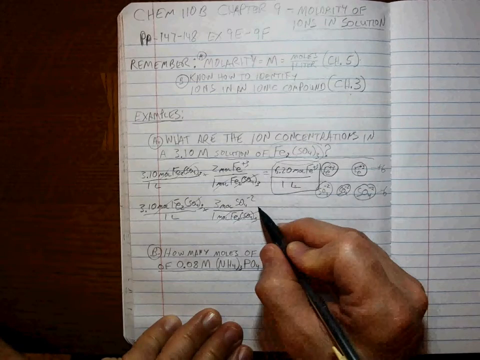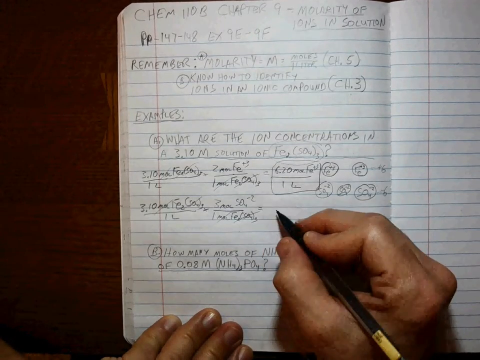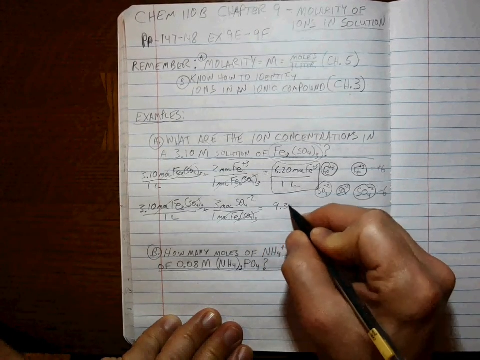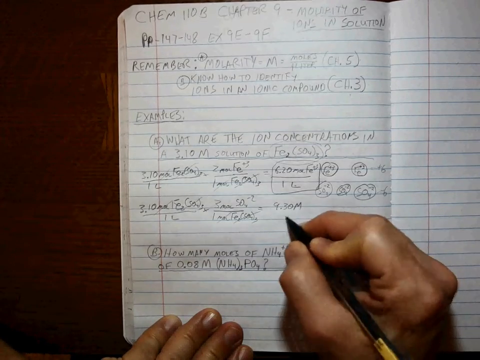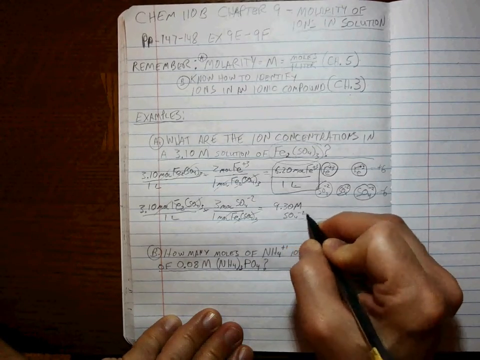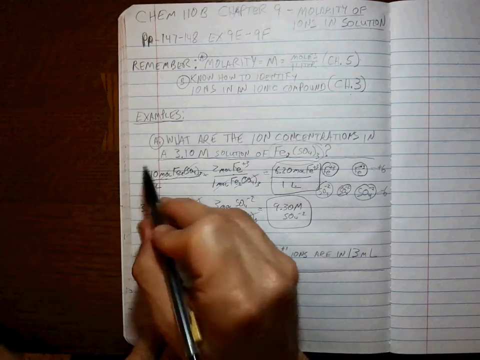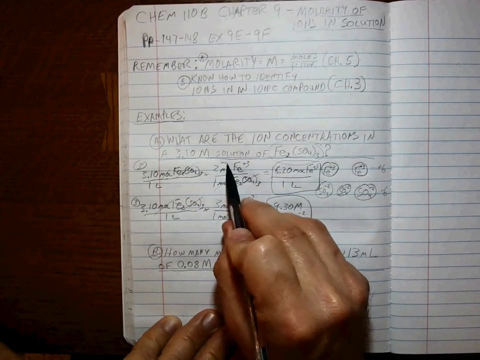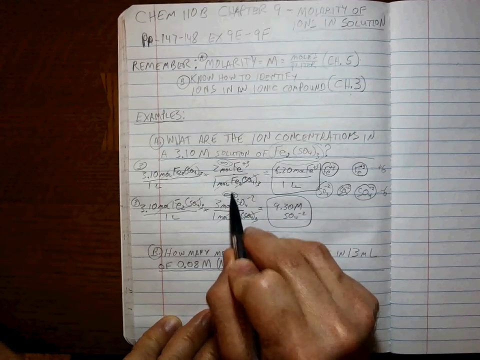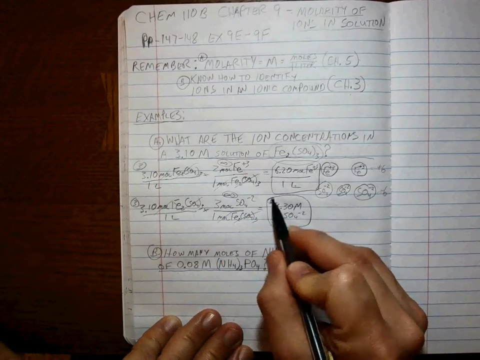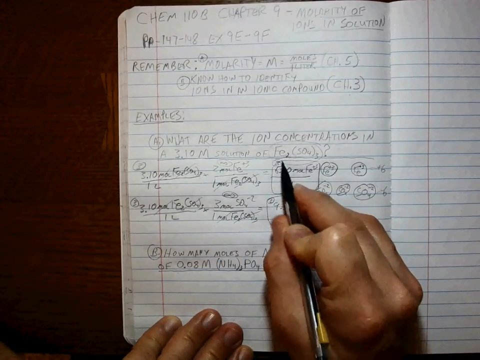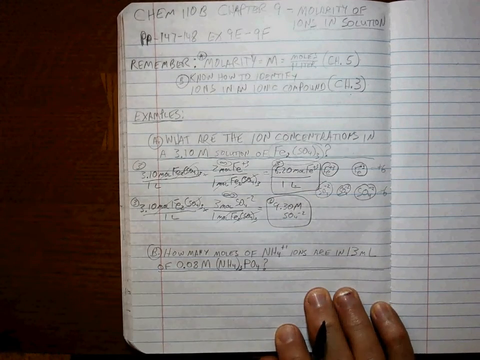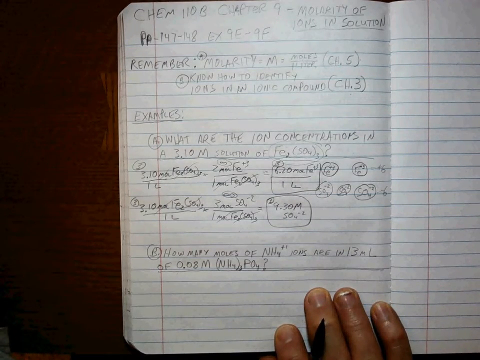The formula units cancel out and you're left with 9.30 molar sulfate ion. And remember, these are 3 sig figs, but these ratios are an infinite number of sig figs, which is why the answer has 3. Don't forget about your sig figs. Just because we moved on to Chem 110B, that's just as important.